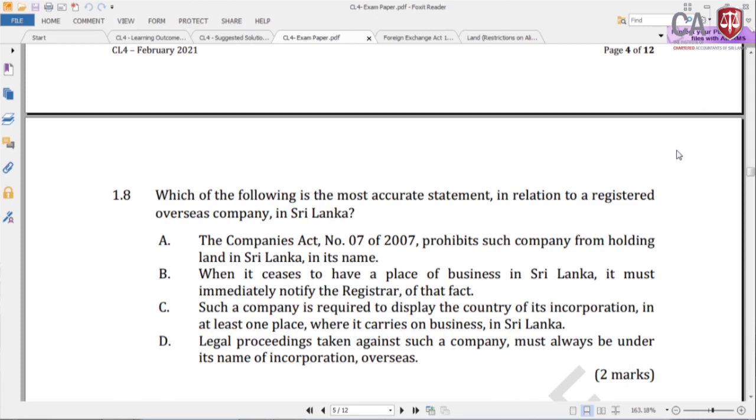So B is correct, because A is wrong: it is not the Companies Act that prohibits such a company from holding land in Sri Lanka in its name. It is, as I told you, the Land Restrictions on Alienation Act that makes such prohibition. So the most accurate answer there is B.